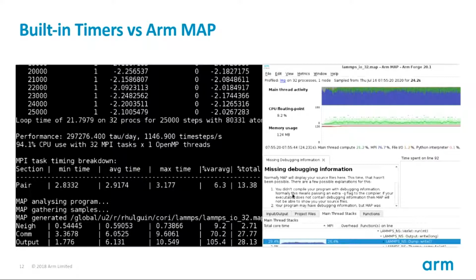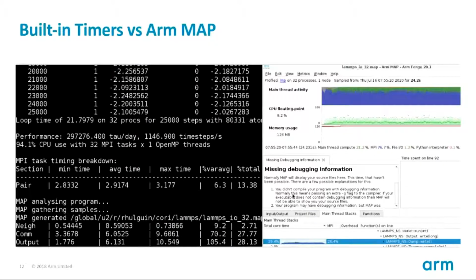If you compare that to MAP itself, MAP gave a percentage of 29.4%. The reason for a discrepancy between the actual timers put into the code and what MAP provides is because MAP is a sampling-based profiler, and it's polling your program every few seconds, asking the question, where am I in this code?